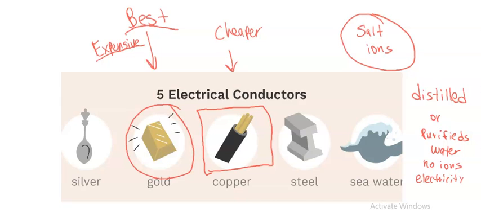So what do companies do when you want to make wires for cell phones, wires for circuitry and different technologies? They find something that also conducts electricity, but is cheaper and much more common. So that's when copper comes into play. Copper is cheaper and it also conducts electricity. Okay?